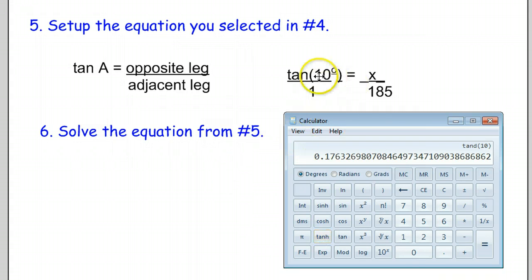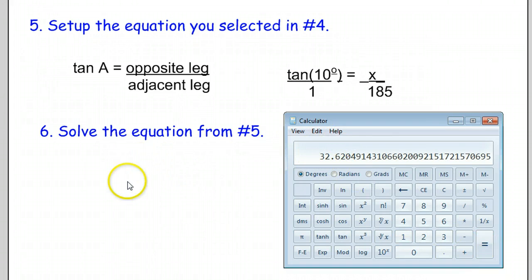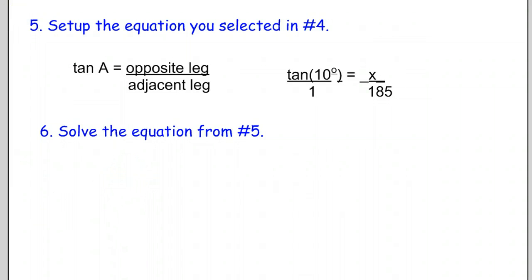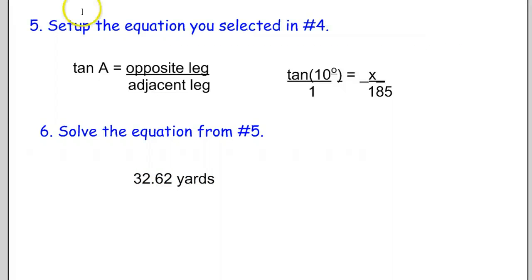Then I multiply it by 185 yards, and divide by 1 to find x. We get that the answer is 32.62 yards. And that's our answer, 32.62 yards.